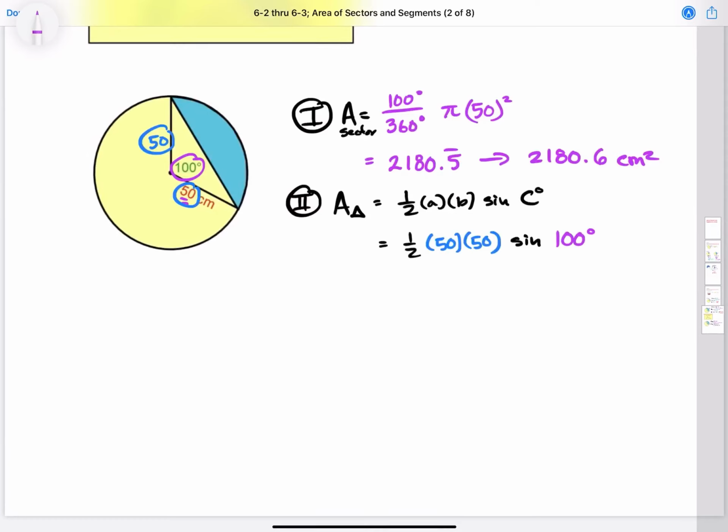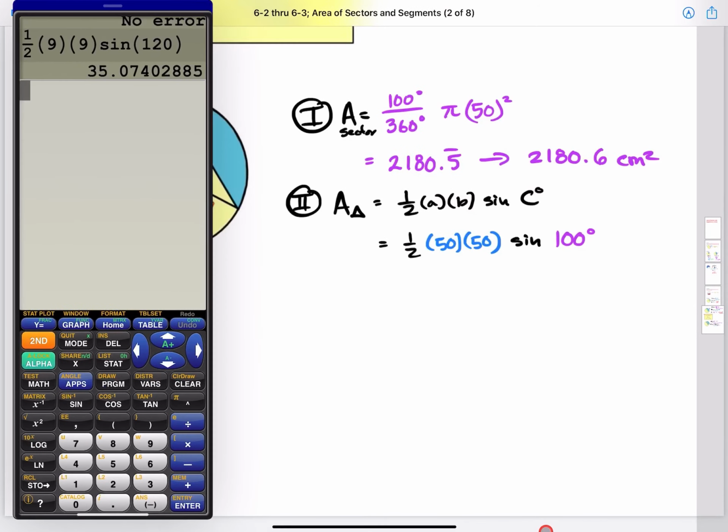Okay, so again, we'll go ahead and type all of that in your calculator. And remember, we want to make sure that this is in the degree mode. So let's go ahead and do this really quickly. Again, make sure your calculator's in the degree mode before we do all that. So I'm going to go ahead and type this all in. So alpha y equals, to get our fraction, we'll do our 1/2.